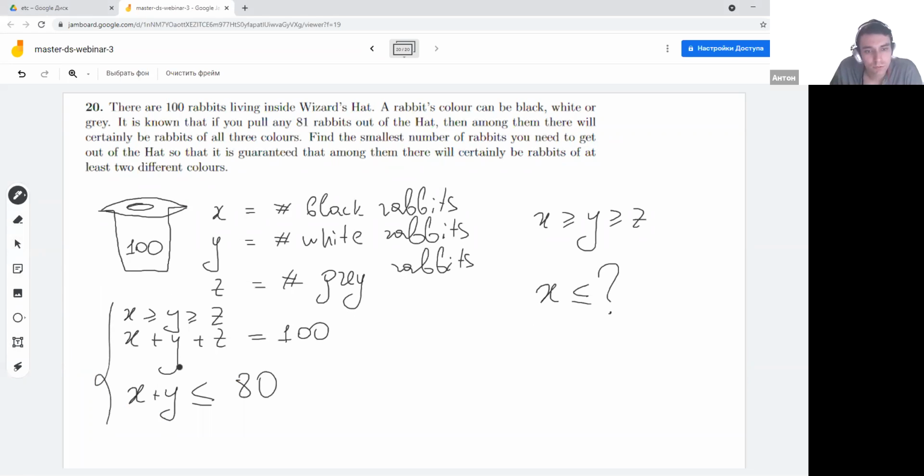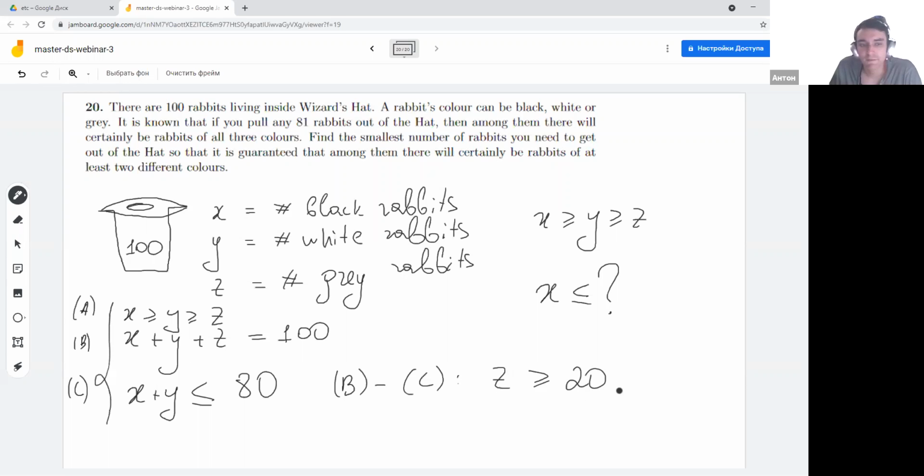What I would do, I think that I would subtract. So let's make our notation here again. I would subtract C from B so that I will get some bound for Z. Because X and Y would go away, I'll have Z is greater or equal than 20.